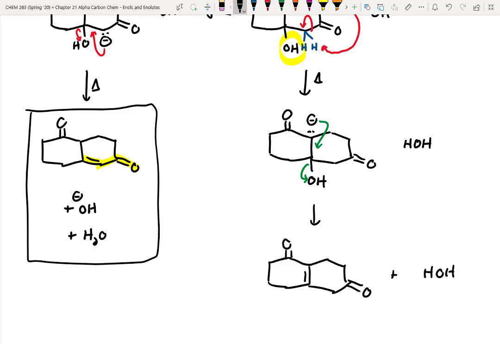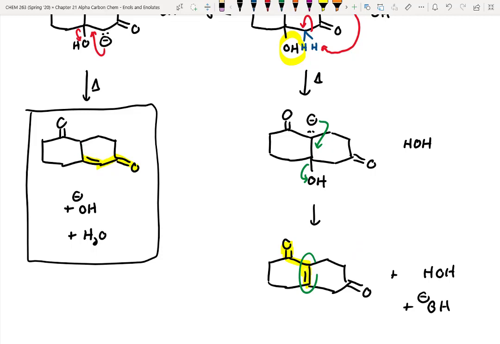We would still kick off water, and we'd still have hydroxide. So a lot of students look at this and say, well, isn't this just as good, if not better? And in fact, my student last year said, hey, this is a tetrasubstituted alkene. This is only a trisubstituted alkene. Why is this not the product, right?